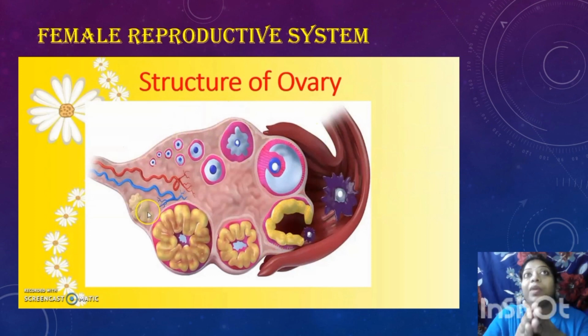The egg is otherwise called the ovum. The second main function is to protect, support and nourish the developing embryo. That is the main function.